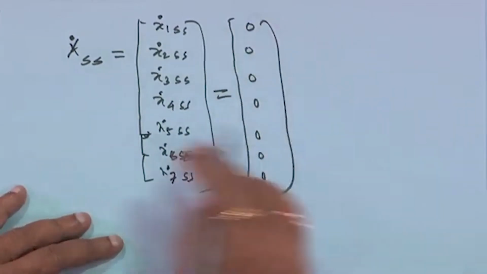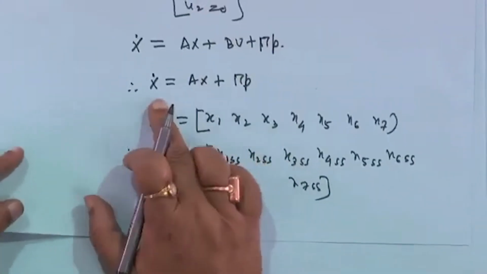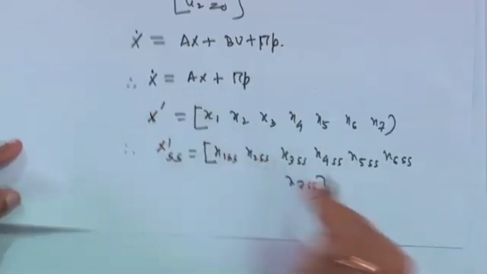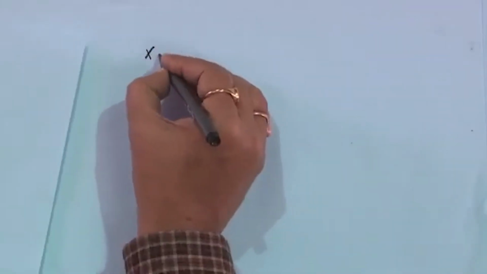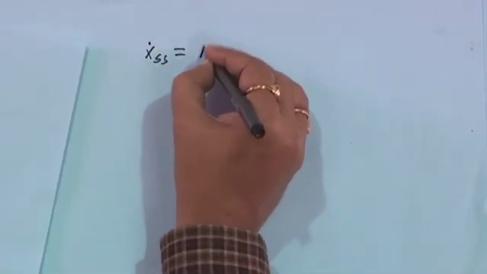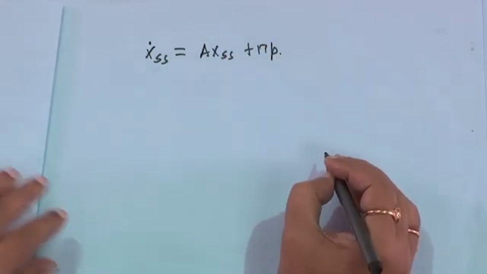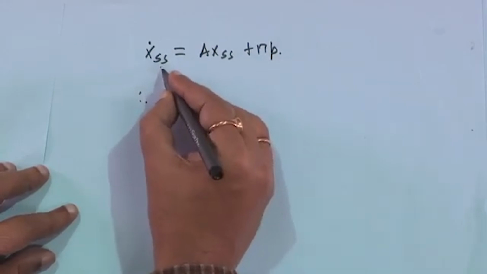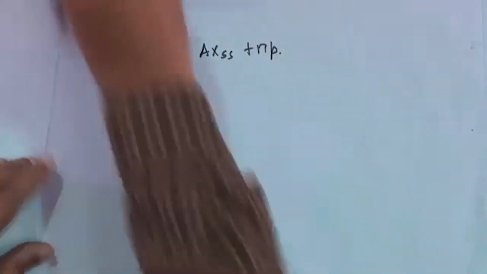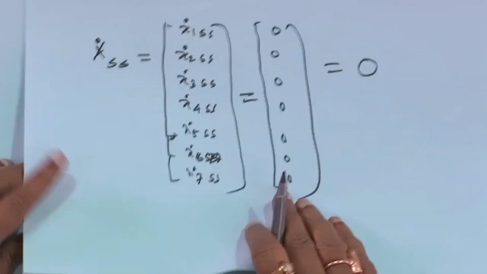Therefore, in this equation when you put x equal to x ss, on the next page, x ss dot is equal to A x ss plus gamma p. The steady state derivative will be 0, so all x ss dot will be 0.